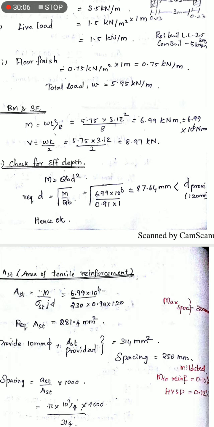Whenever you provide a dimension, it should be greater than the required value. Here the required value is 84.64 mm. But we provided D equal to 120 mm, which is greater than 84.64 mm. Therefore our dimension is okay.